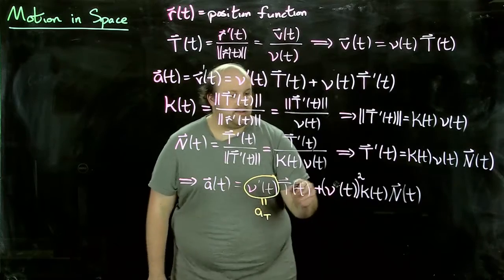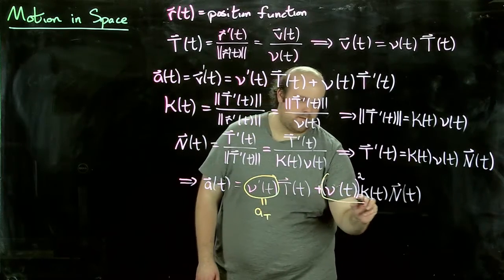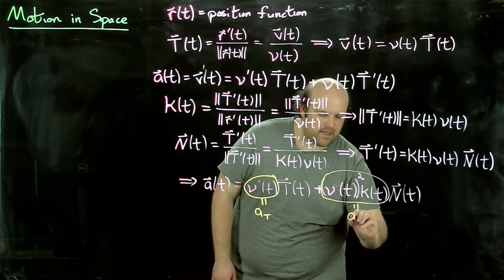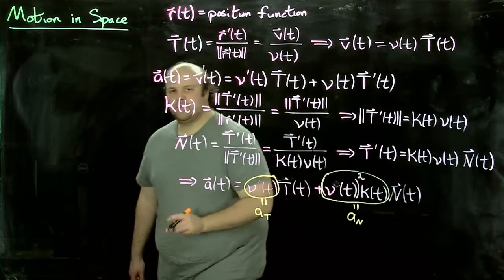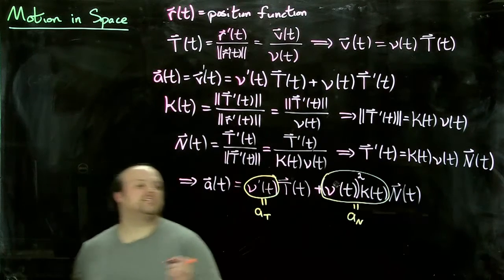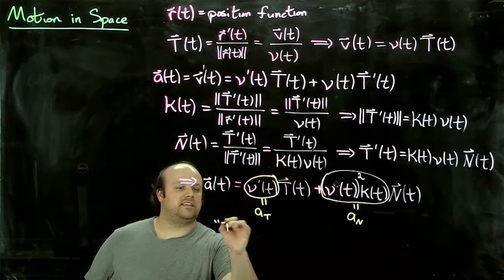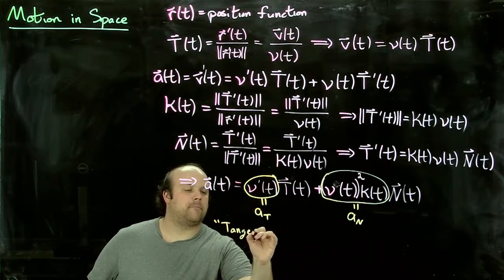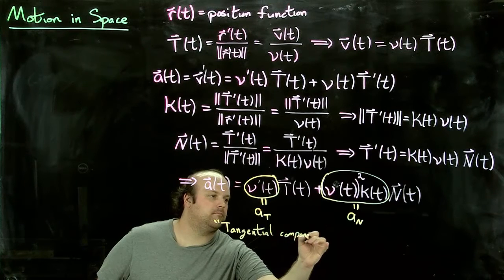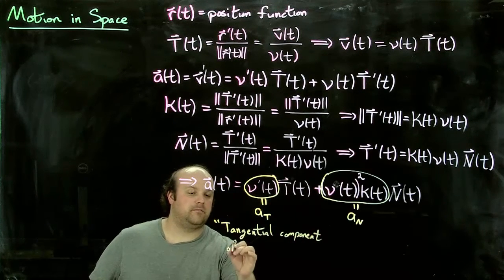And this here is what we're going to call a sub n. And what are the names of these? This is the tangential component of acceleration.